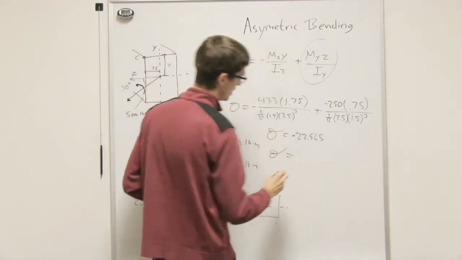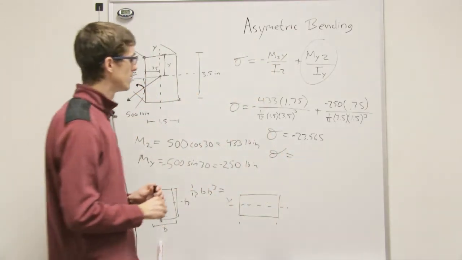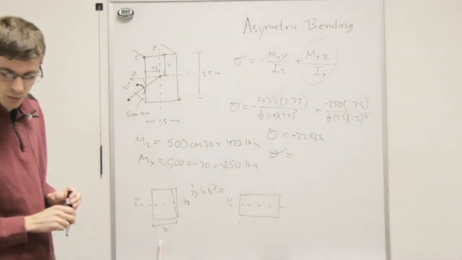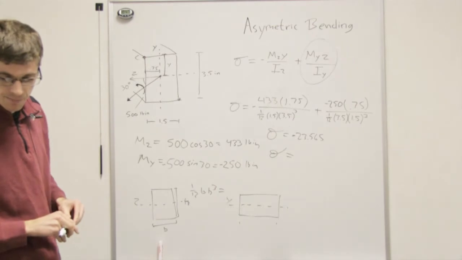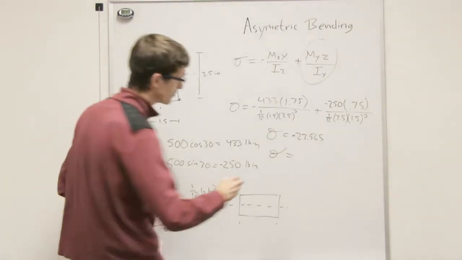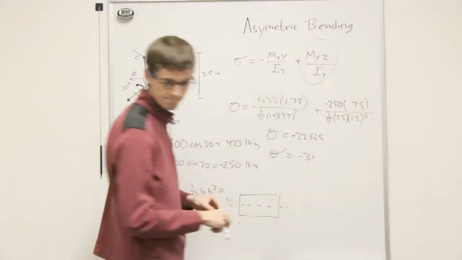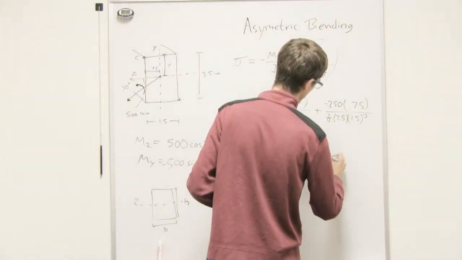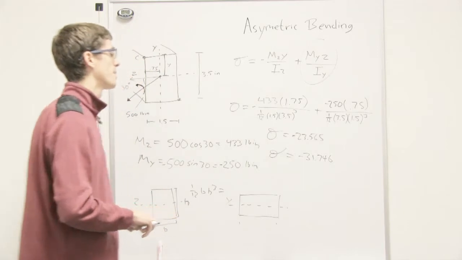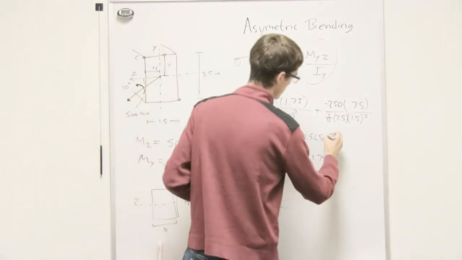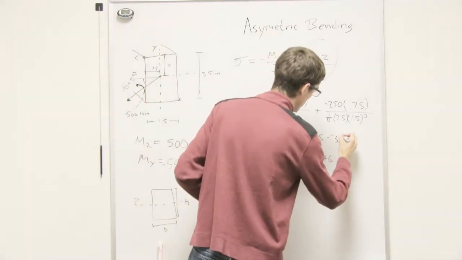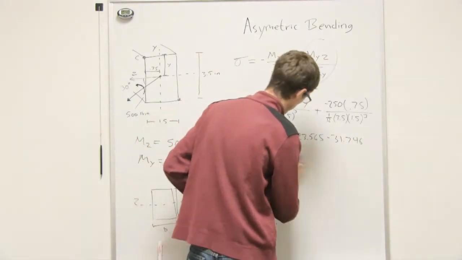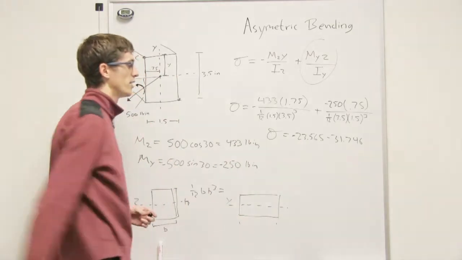And the stress about the y-axis, or this section, is going to be equal to negative 31.746. I'm going to write it like this, 31.746, that way it's less confusing. All right, so the first section was 23.56.